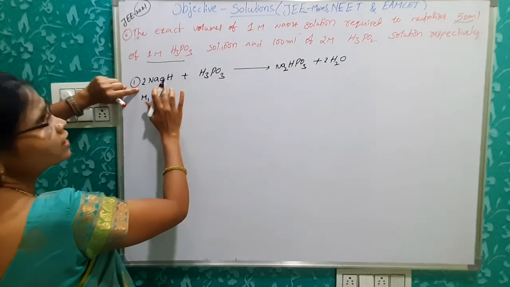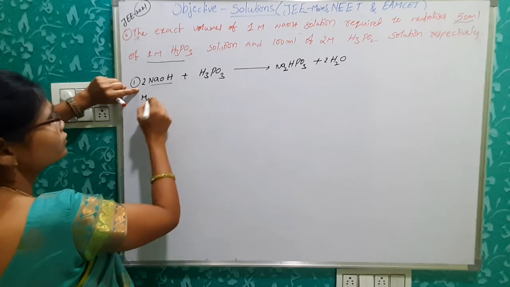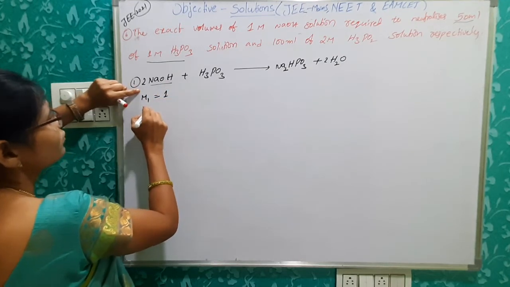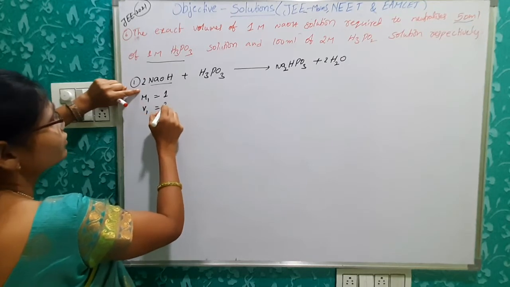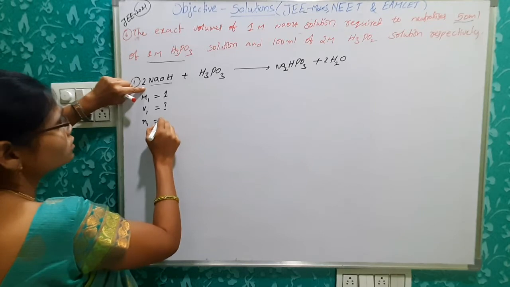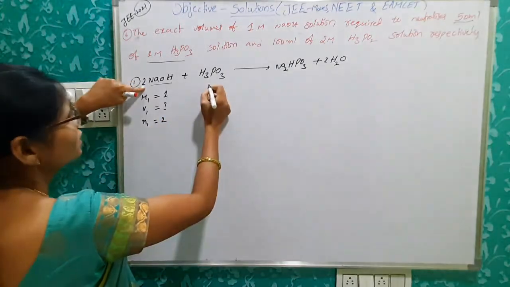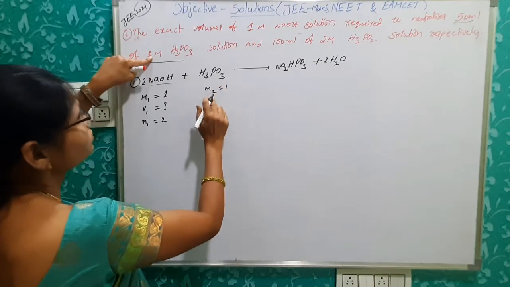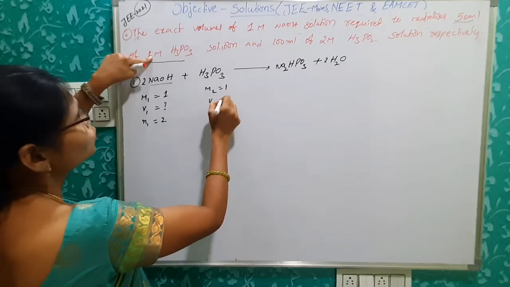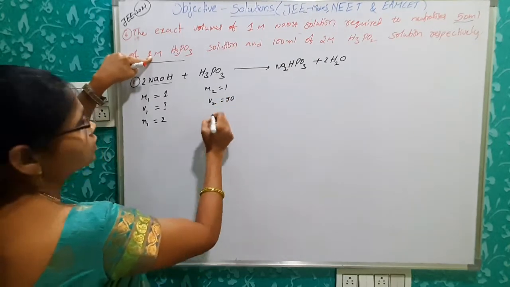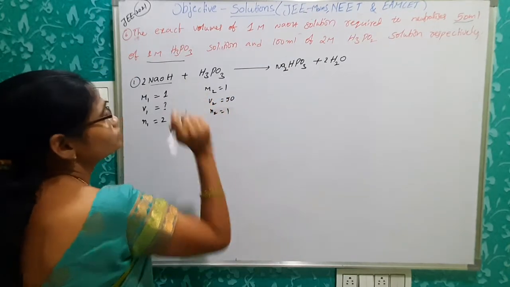For first M1, for M1 NaOH, M1 is given as 1M. So V1 we have to calculate. N1 is required, 2 moles required. Okay. Now here M2 also 1, V2 50 ml of H3PO3, N2 only 1 mole.